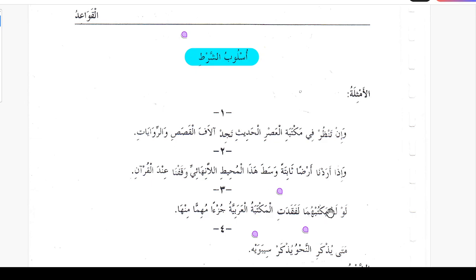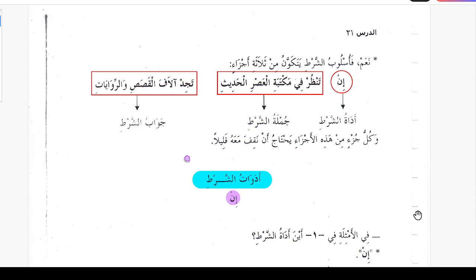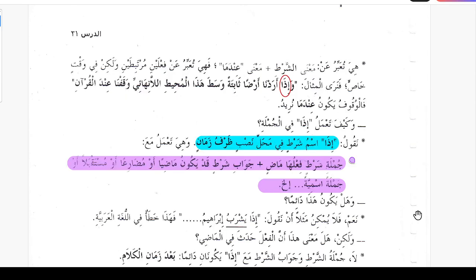So the answer is because of lam. Lam makes the present tense into past. Because we use lam, we had to use the present tense.